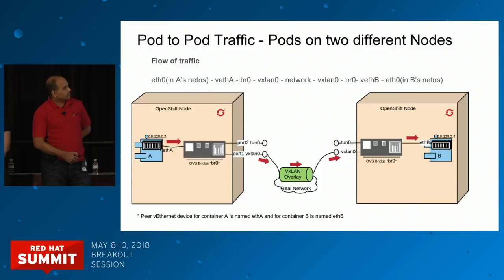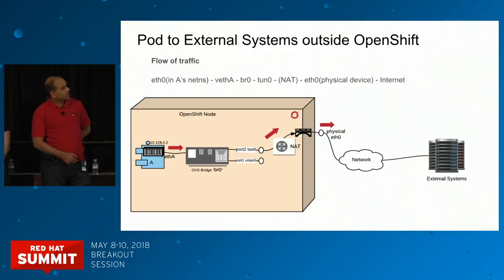The bridge network here knows, based on the OpenFlow rules, that it is directed to a different node. So it sends the traffic via VXLAN 0, which goes over the overlay network, reaches the other node, there it goes again to the bridge network, and here it finds the pod and sends it there. Very simple, right?